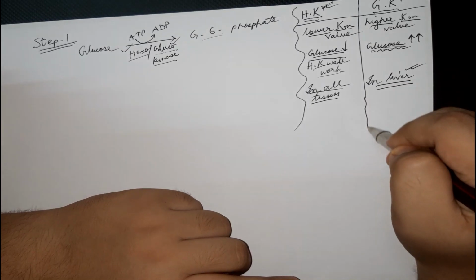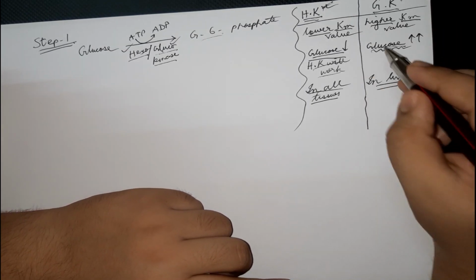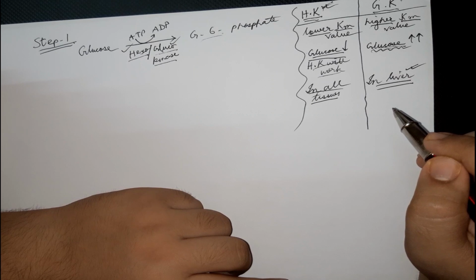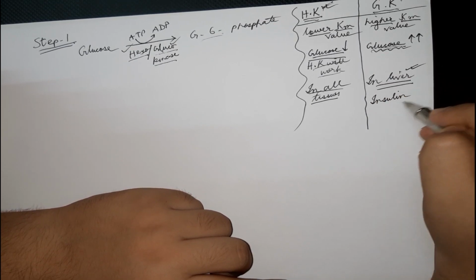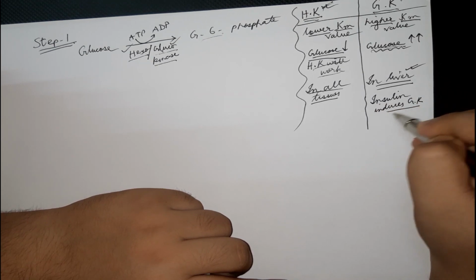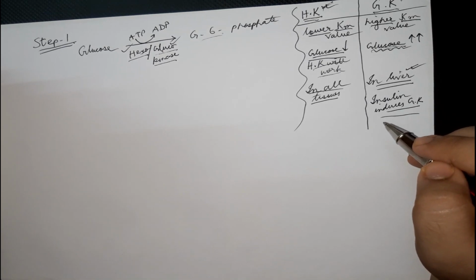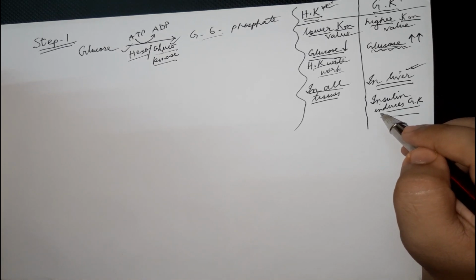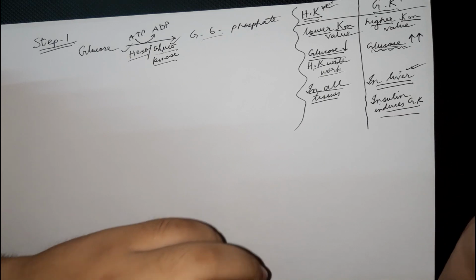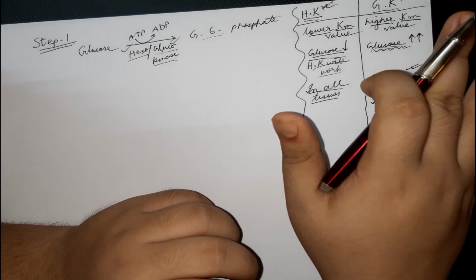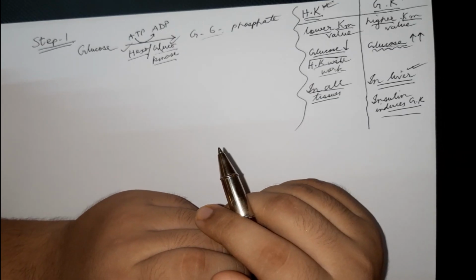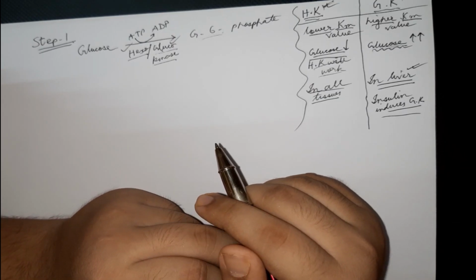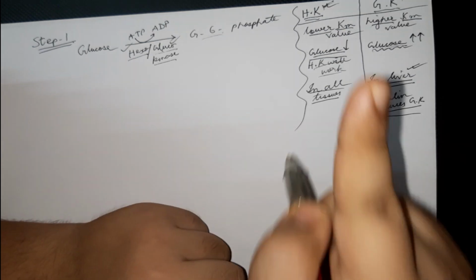So not only do higher concentrations of glucose induce glucokinase, insulin also induces glucokinase. Very, very important. Insulin also induces glucokinase because insulin is also tasked with bringing down glucose concentrations in blood, and glucokinase is one of the components for doing just that. So insulin induces glucokinase.